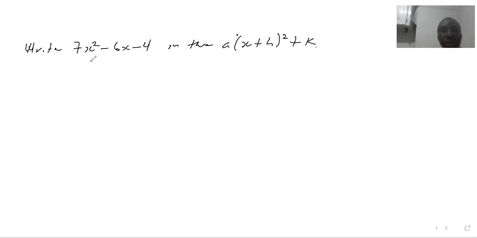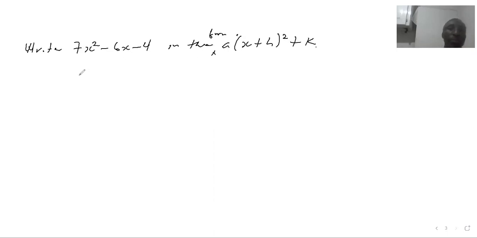The third example we have been given, they say, write 7x squared minus 6x minus 4 in the form of a bracket x plus h bracket square.